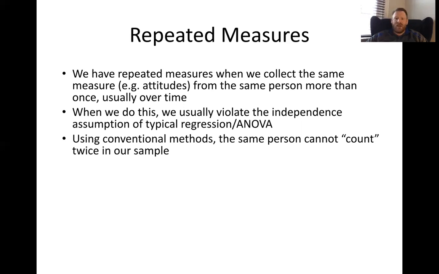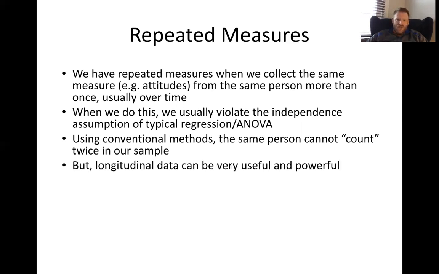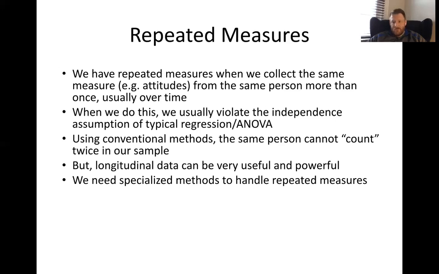So if you have repeated measures or longitudinal data, you need different kinds of methods. And this is important because longitudinal data can actually be really useful and powerful. For me, it's some of the most interesting kinds of data that we can collect because it really helps you learn a little bit about change and how people change over time and how things change over time.